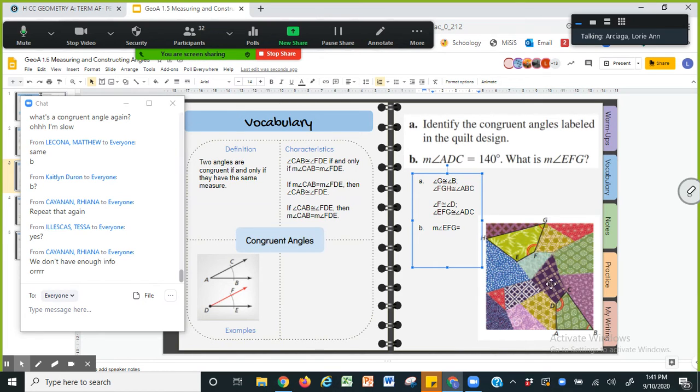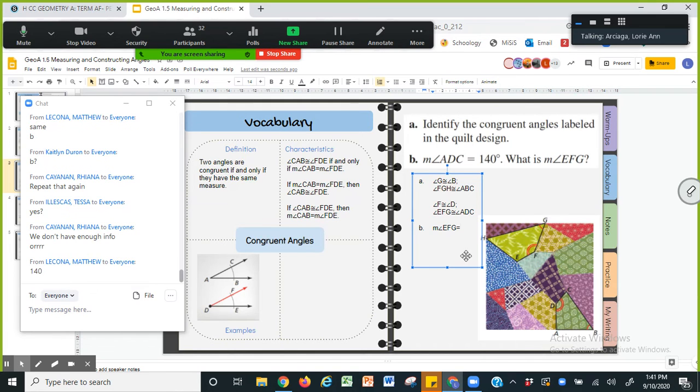ADC is the angle with two marks. So if it's 140, then what is the measure of the other angle, EFG? 140. Very good, Matthew, because they're congruent to each other. So whatever measure goes on one also goes for the other, right?